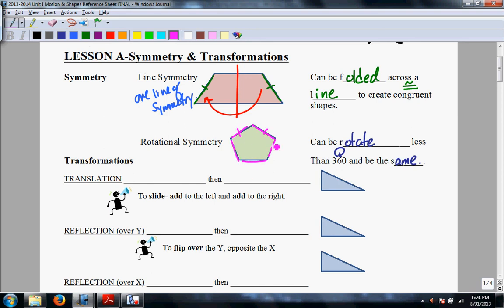So mark the hatch marks, that means they are congruent. If I take this dot and I rotate it partially, this dot comes up to the exact same position, and you have the exact same shape. That's called rotational symmetry.